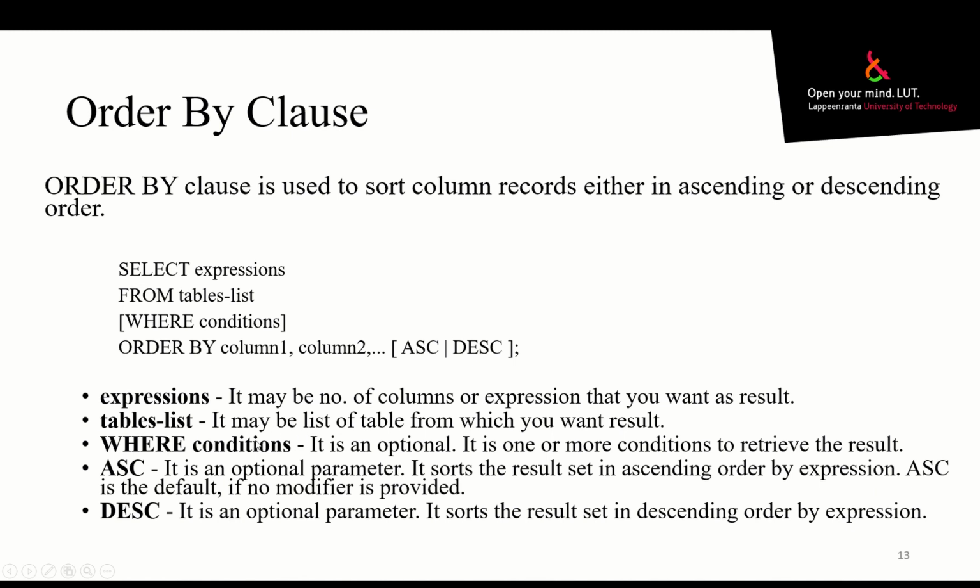The WHERE condition is optional, of course, but you state the conditions for what you want to retrieve in the result. And you can display this in either ascending or descending order. I will show you how we can use the ORDER BY clause to sort.